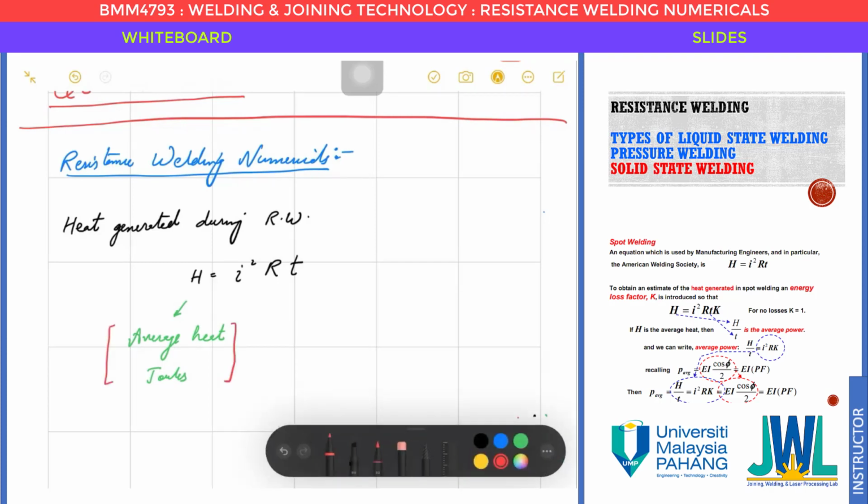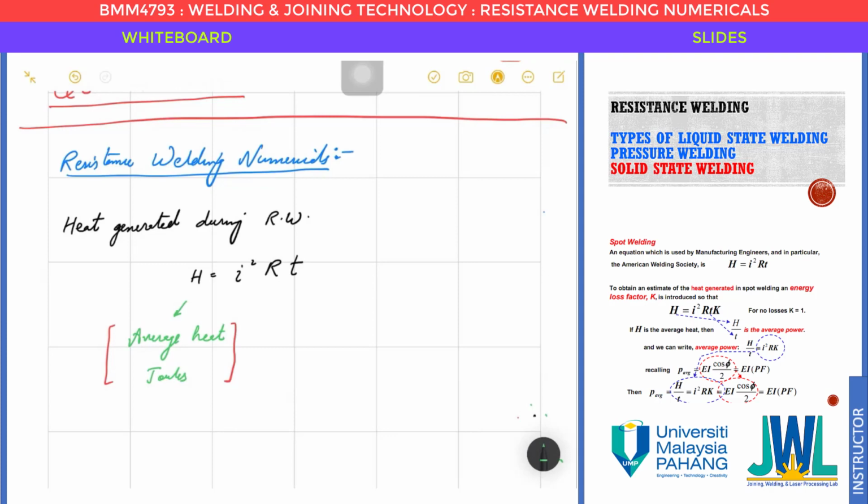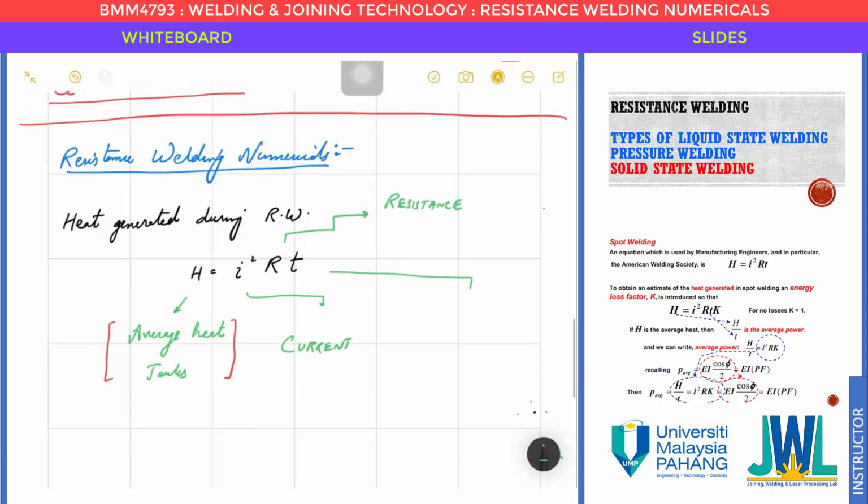I is the current, R is the resistance, and T is the time.